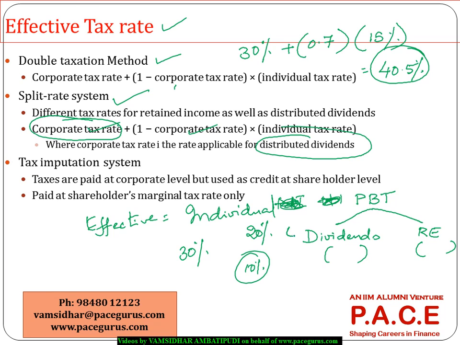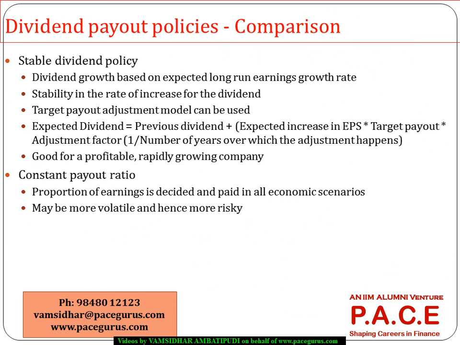Whereas if the individual's tax bracket is 40%, he will have to pay an additional 10% as far as that dividend amount is concerned. So in a way, the effective tax rate in case of the imputation system is equivalent to the individual's tax bracket itself.